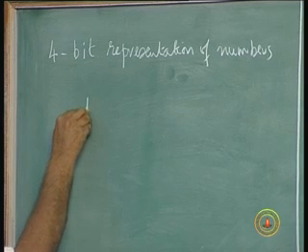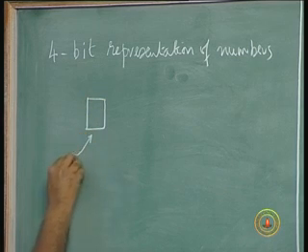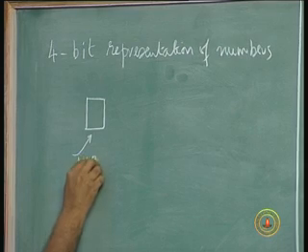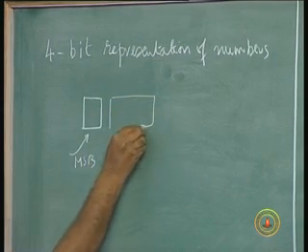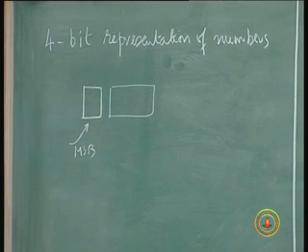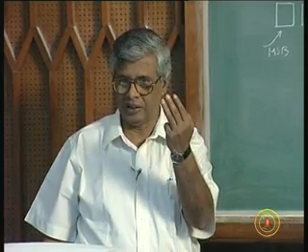And I would consider in these 4 bits, this is the MSB, the sign bit, and these are the bits which represent the value of the number. So I can represent maximum only 3 positions.